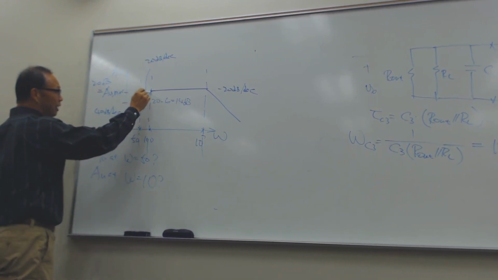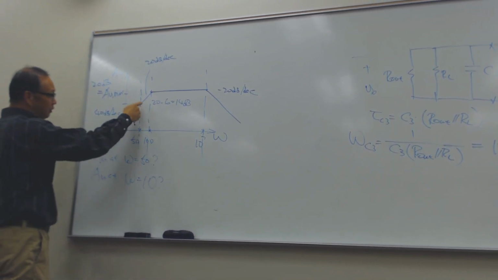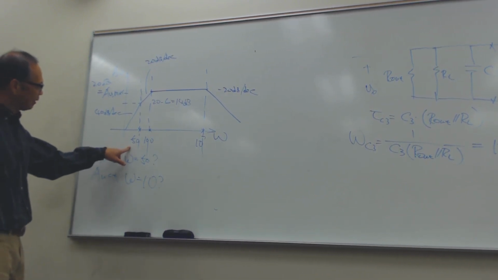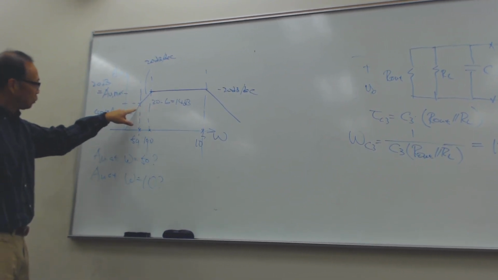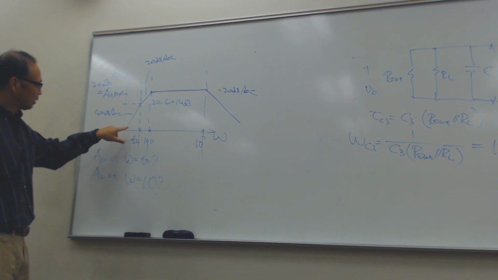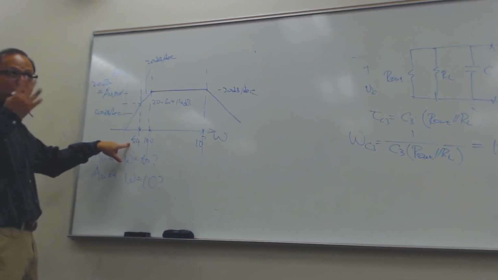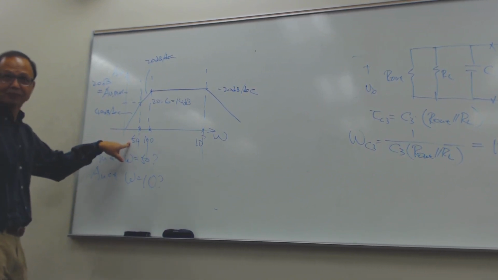If you only have this slope, then that's one decade drop. It's easy. But then you have two different slopes. What do you do now? So at 50 we know it's 14, correct? So if I do one decade, I will get to 5. And then I can go backward by one octave. That becomes 10. Got it?